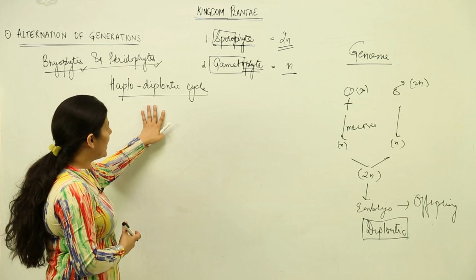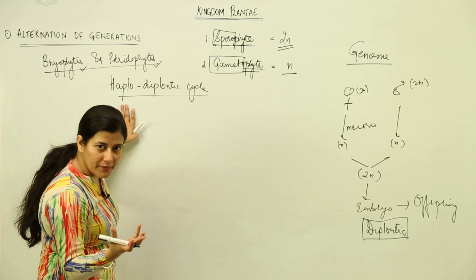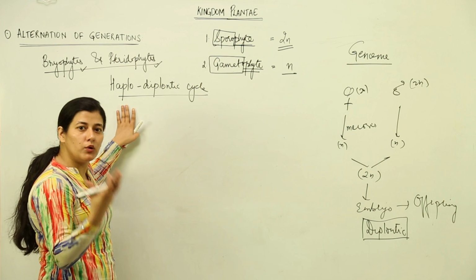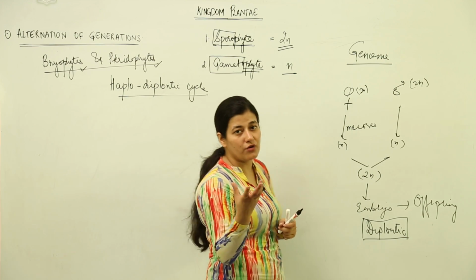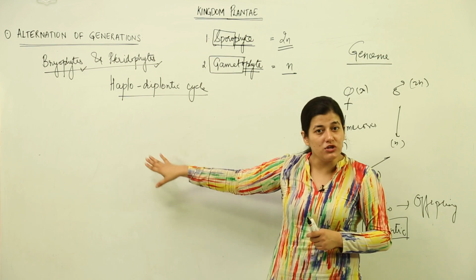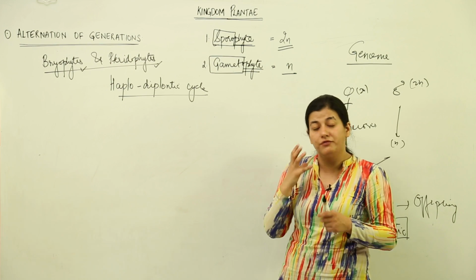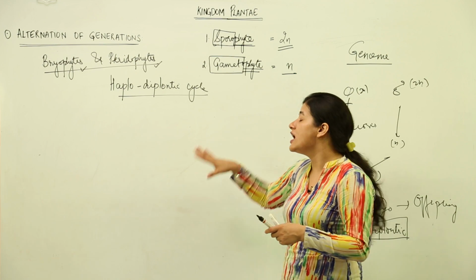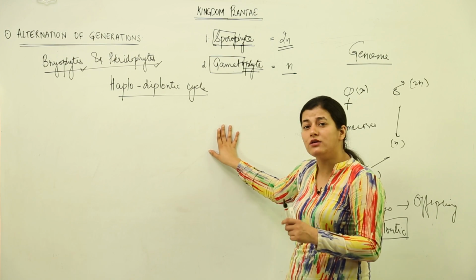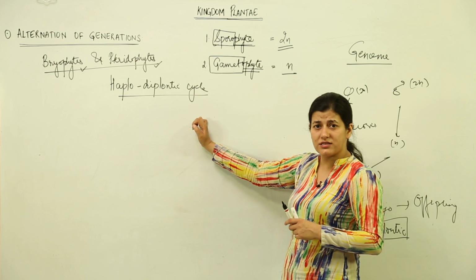Only difference is that over here the haploid plant body would also be present, and the diploid plant body would also be present, which means that whenever you see a bryophyte, you would find the gametophyte as well as the sporophyte visible in a bryophyte, which is not possible in other plants. If it is algae, then also it's not possible. If it is some higher plant, then also it is not possible. It is these two classes which have this difference.